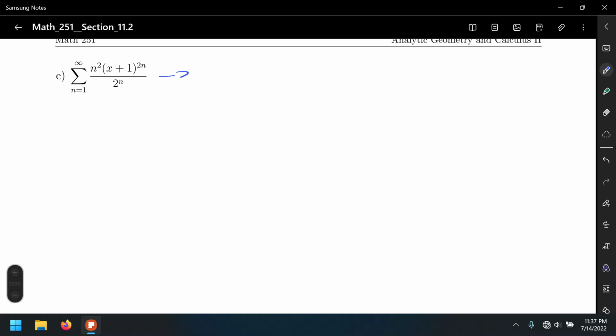For the root test, recall that this is the limit as n approaches infinity of the nth root of the absolute value of the given rule, which in this case is n squared times (x plus 1) to the 2n over 2 to the n.